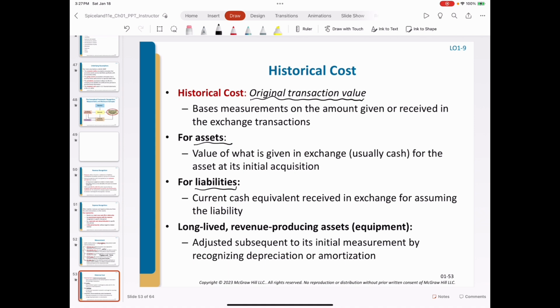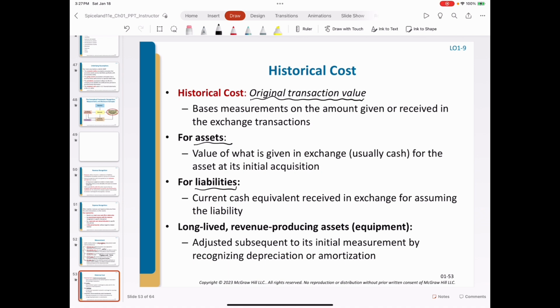It's the amount the company paid or received in the exchange transactions. For assets, when a company acquires an asset, it must make a payment for this asset, right? And the amount of the payment is the historical cost.